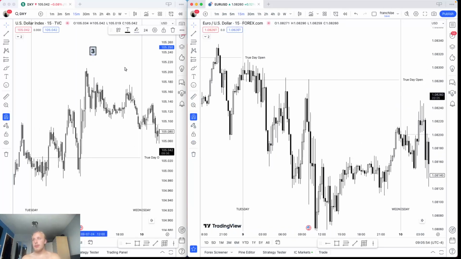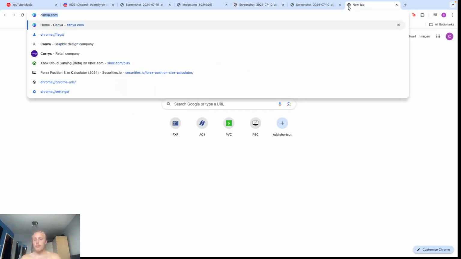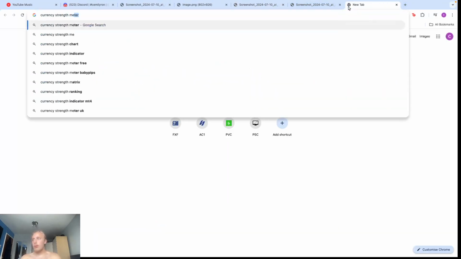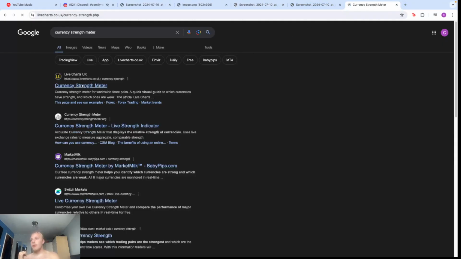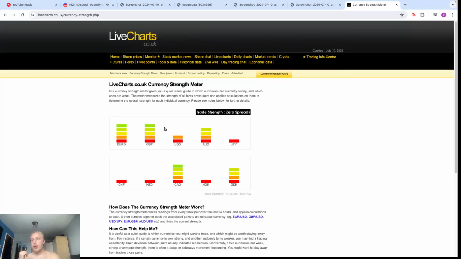against the strongest pair. Now it actually leads me on to something that I used to do. So this is how I used to trade, right? I used to trade like this.